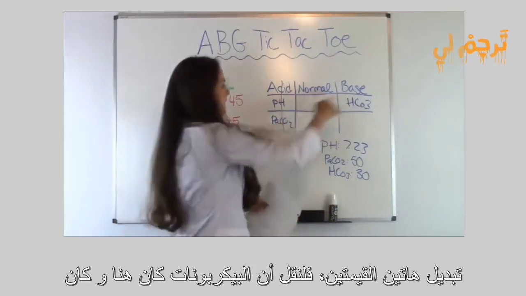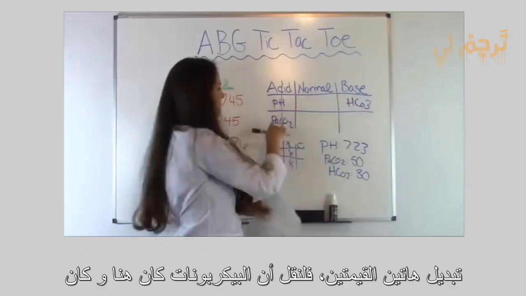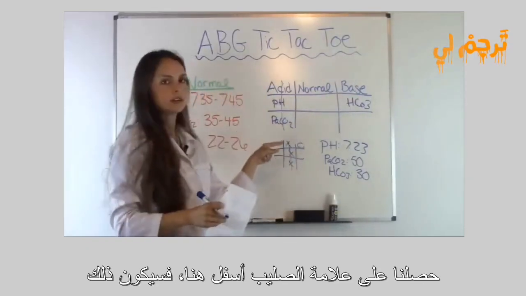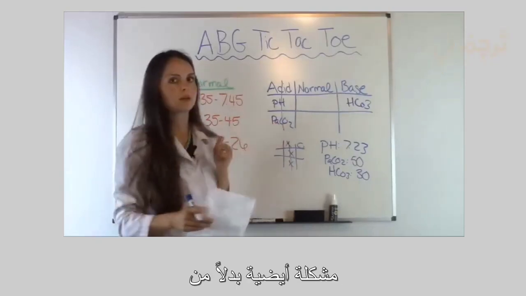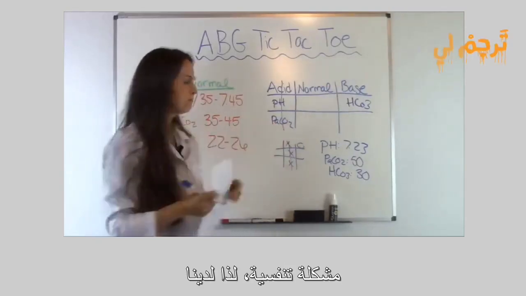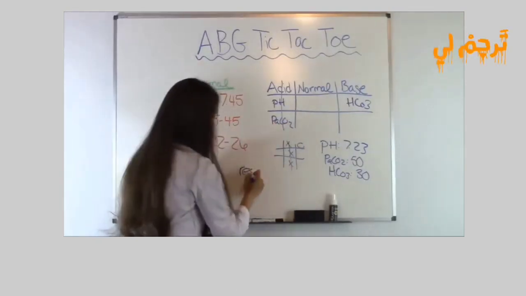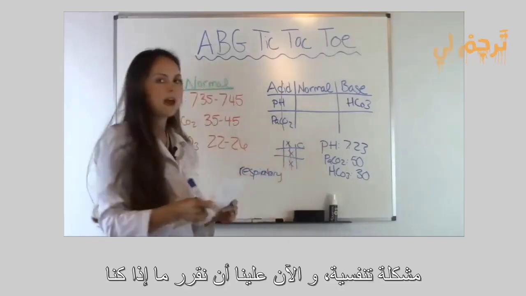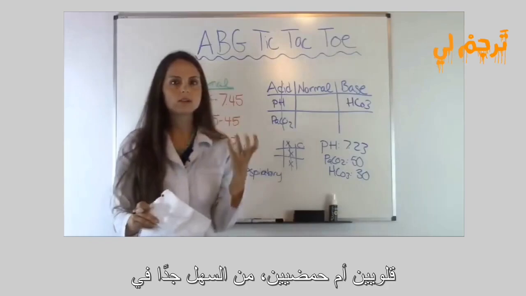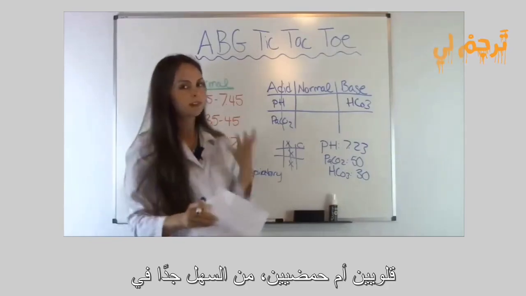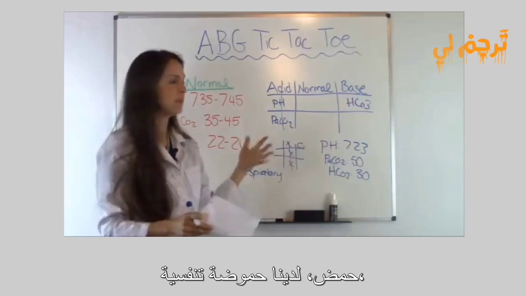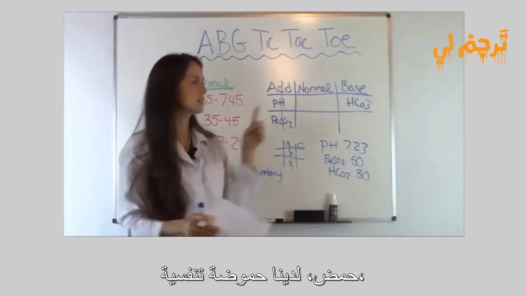If these two values were switched, say HCO3 was over here and PaCO2 was under base, because we got the cross underneath here, that would be a metabolic problem instead of a respiratory problem. So we have a respiratory problem. Now we have to decide, are we alkalotic or acidotic? Very easy. Underneath on our grid, we know it's an acid. We have respiratory acidosis.